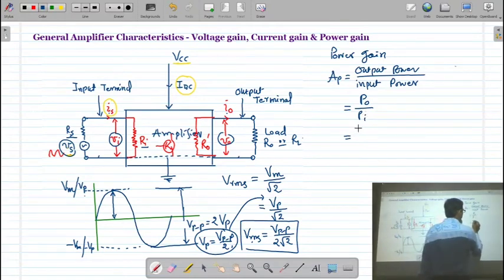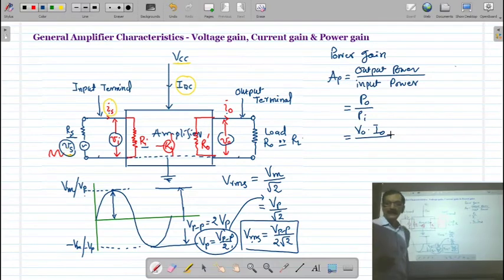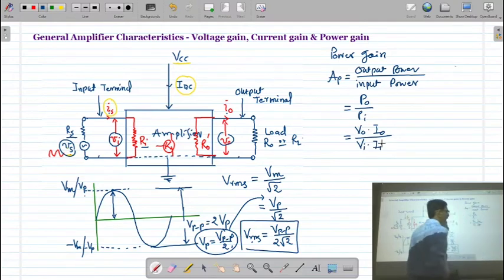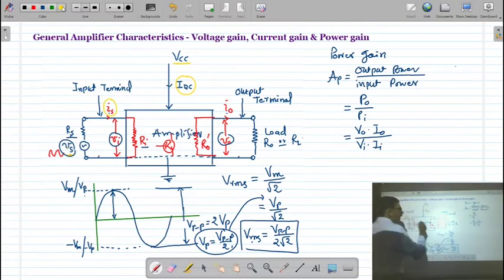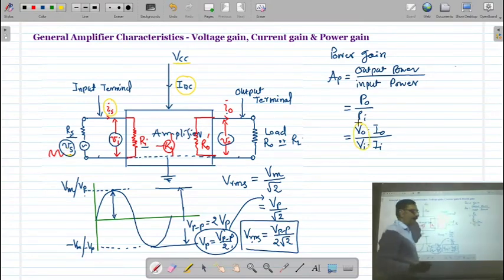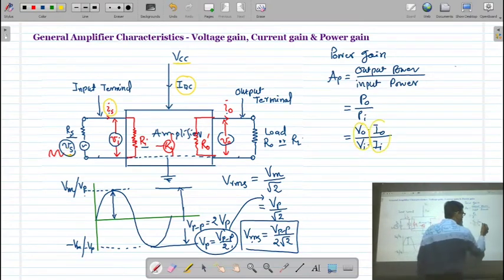So this output power we can write as VO into IO. Already you know P is equal to I into V. Same way the input power is VI into II. Input power is input voltage into input current. Now here we have already defined VO by VI and IO by II.